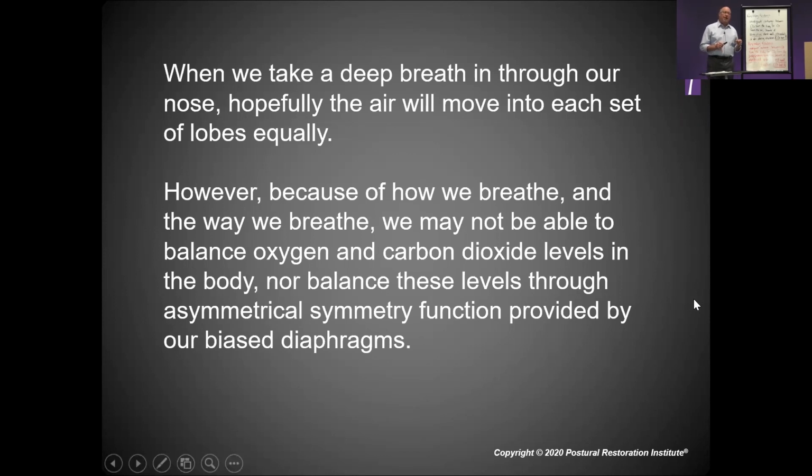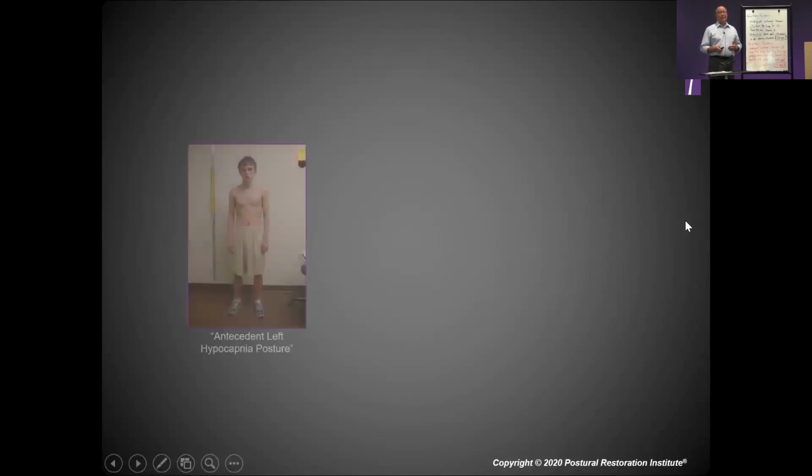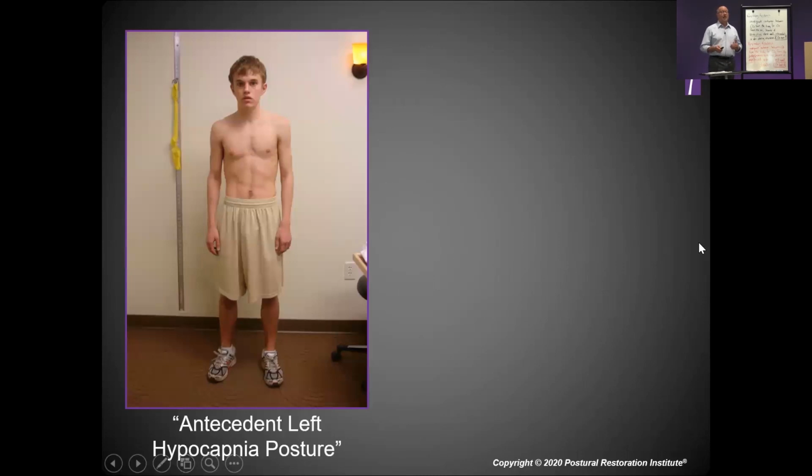So our biased diaphragms keep the symmetry of our body asymmetrical inside. And that's how we sometimes regulate where our acidity or our alkalinity is, through the way we position ourselves. We don't do it intentionally, it's physiologically what we do.